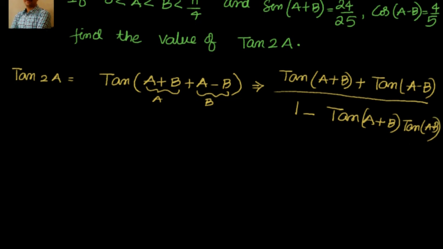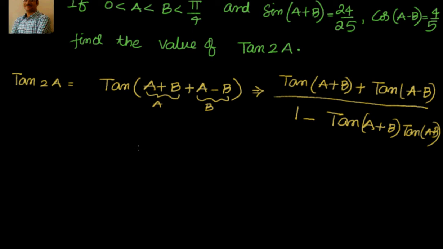Okay. Now let's go ahead. What the values we know, let's put them in the triangle format. So I'll draw the first one for a plus b and one for a minus b.